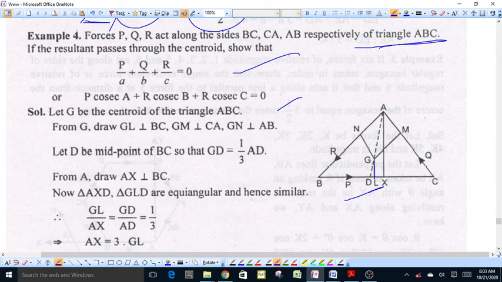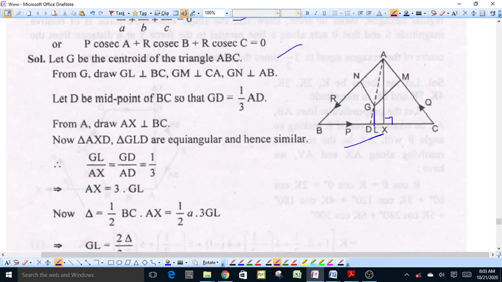AD is the median, D is the midpoint of BC. Also from vertex A we draw a perpendicular altitude AX on BC. Now triangles AXD and GLD are equiangular and therefore are similar.